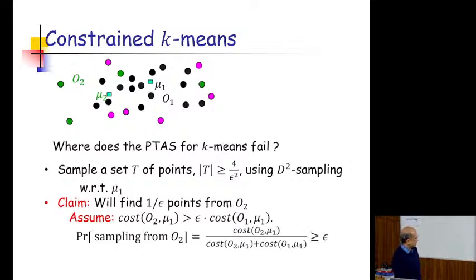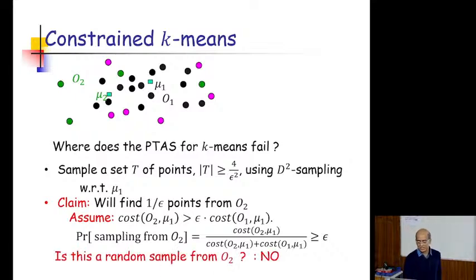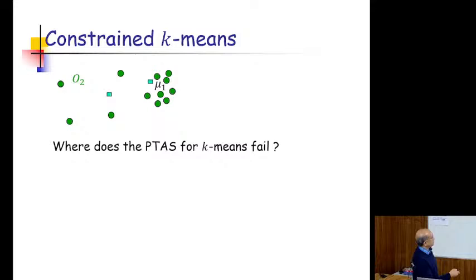But the claim which fails is that this will not be like a random sample. Why? Because this is no longer a Voronoi partition. So it is possible that there are a lot of points from the cluster O2 which are close to mu1, because we don't know how this partitioning happens. Given the means mu1 and mu2, you solve some flow problem to figure out what this optimal partitioning is. I have no idea what that looks like. So it's possible that a lot of points from O2 will be close to mu1.